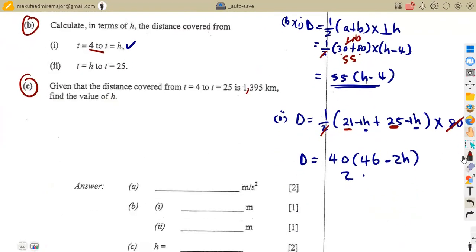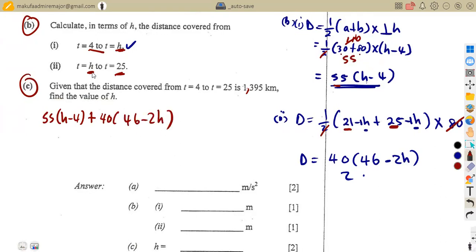So in the first place, from t is equal to 4 up to t is equal to h, we got our distance as 55 into h minus 4. From t is equal to h, a continuation from where we left, to 25, we got our distance there as 40 into 46 minus 2h.